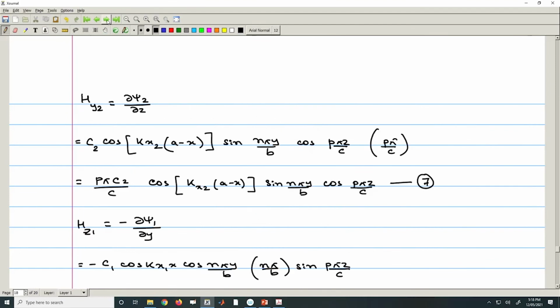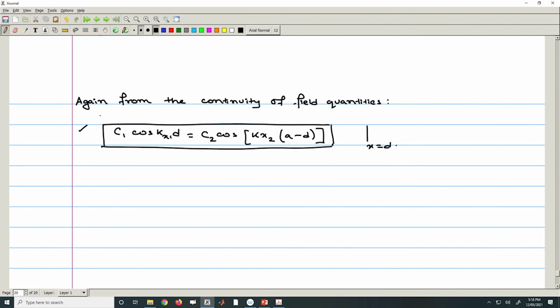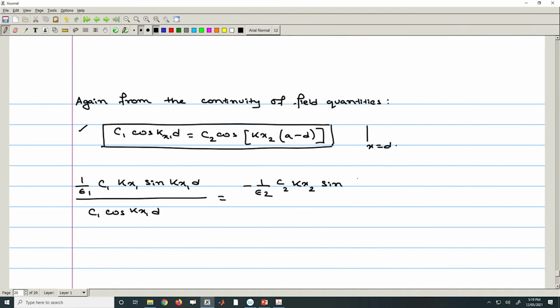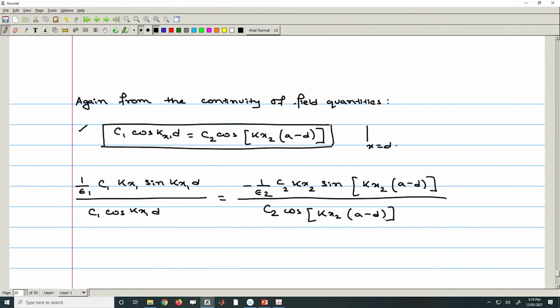So, we will divide 5 with this equation and we will have 1 upon epsilon 1 C 1 k x 1 sin of k x 1 d upon C 1 cos k x 1 d is equal to, there we had minus 1 upon epsilon 2 C 2 k x 2 sin of k x 2 a minus d divided by C 2 cos of k x 2 a minus d. Okay.